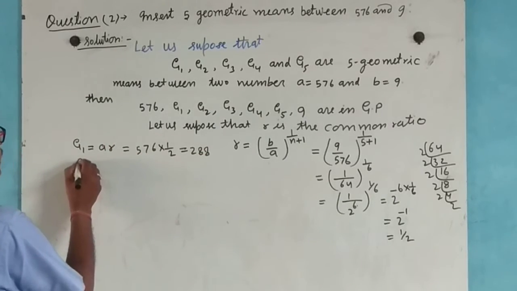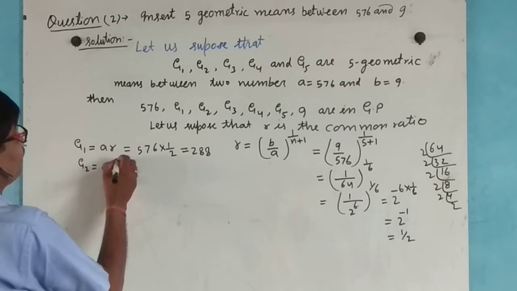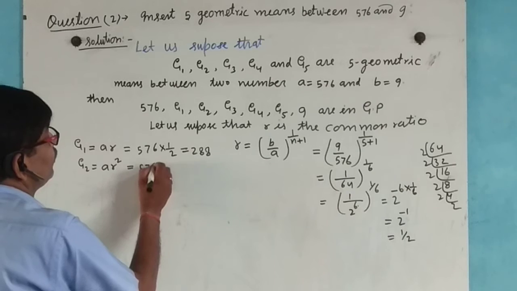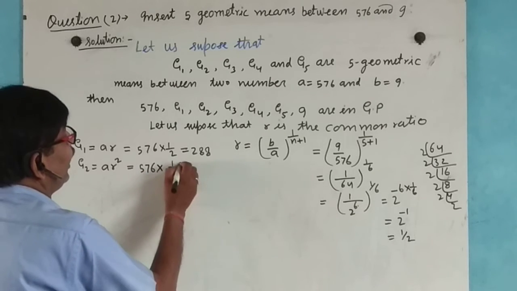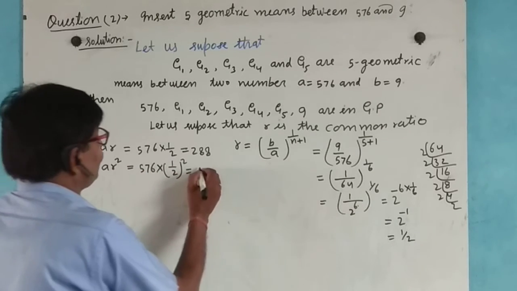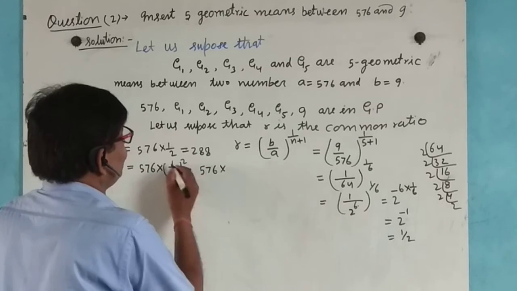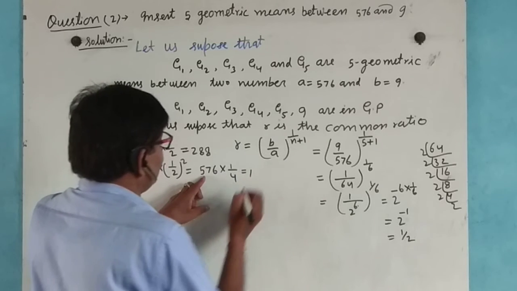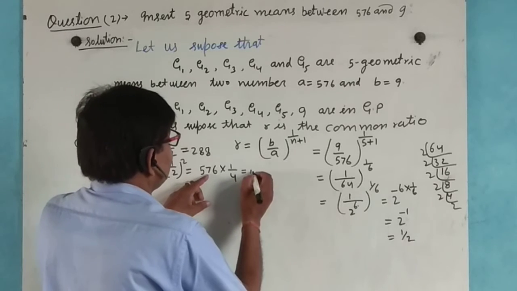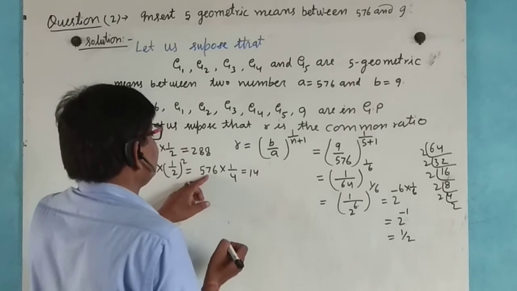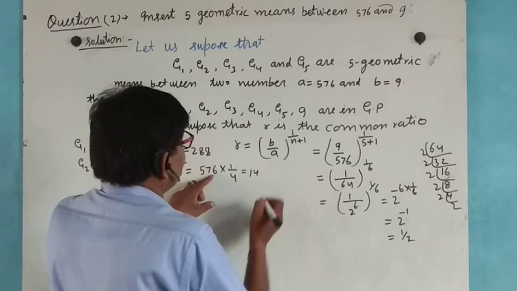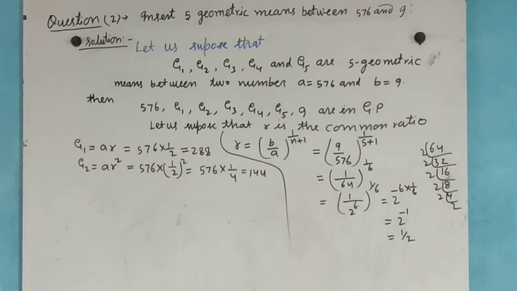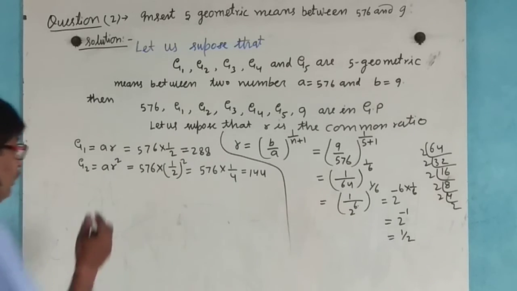Now G2 equal to ar square. It means 576 into r square, half to the power 2, that is 576 into 1 by 4, which is 144.